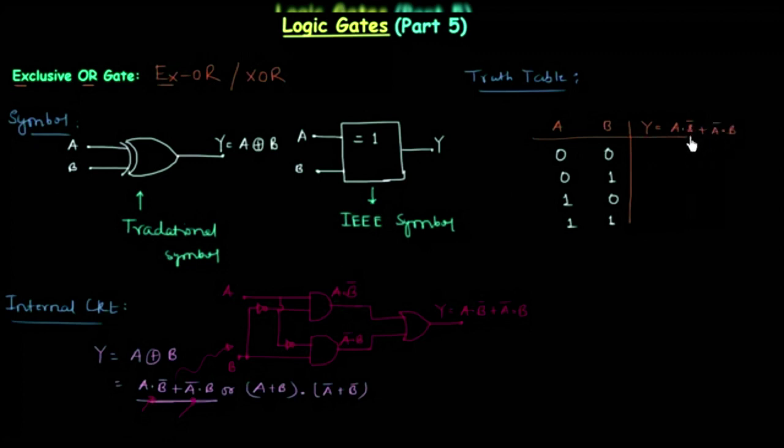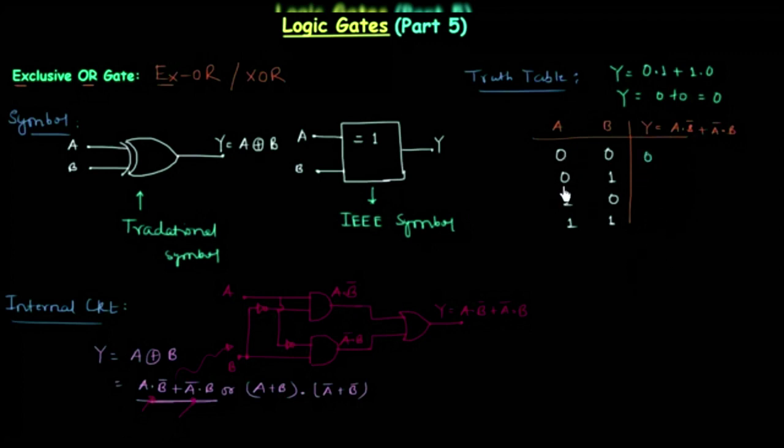We have already implemented this expression in our circuit, and now we'll find out output Y. When A is 0, B is 0, B complement is 1, so we have 0 and 1, or 1 and 0. So output Y is equal to 0 or 0, and finally it is equal to 0.